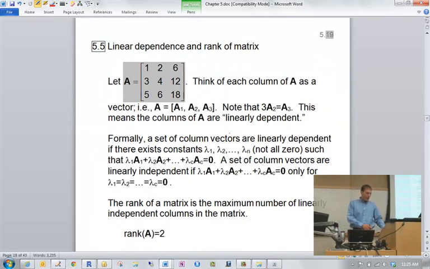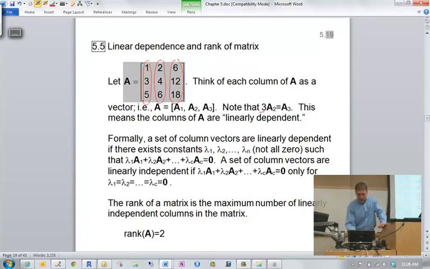Section 5.5, linear dependence and rank of a matrix. This is going to be more important later on, but we're going to first talk about it here. Suppose we have this matrix A. And think of each column inside the matrix as a column vector. Now note how I constructed this matrix.